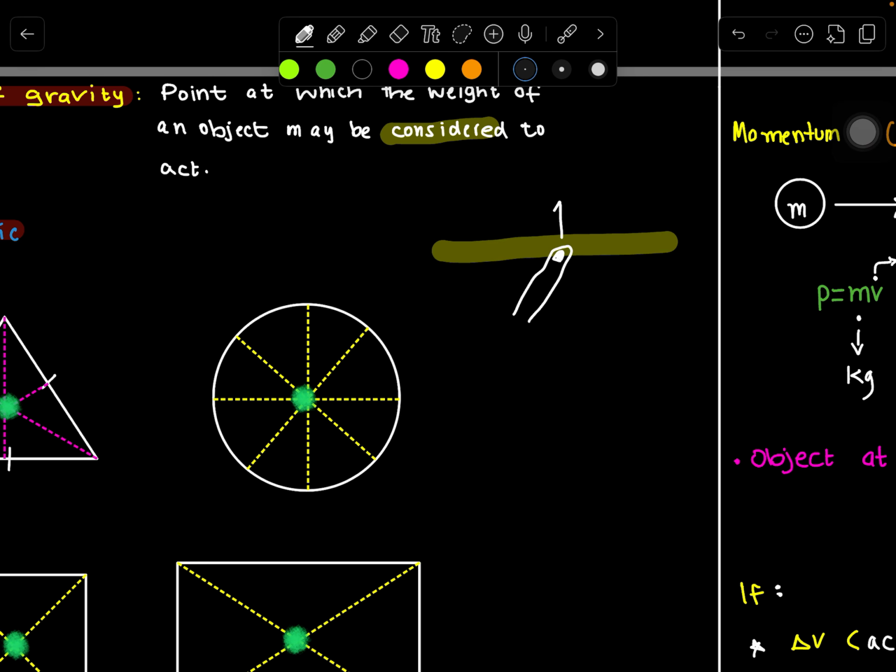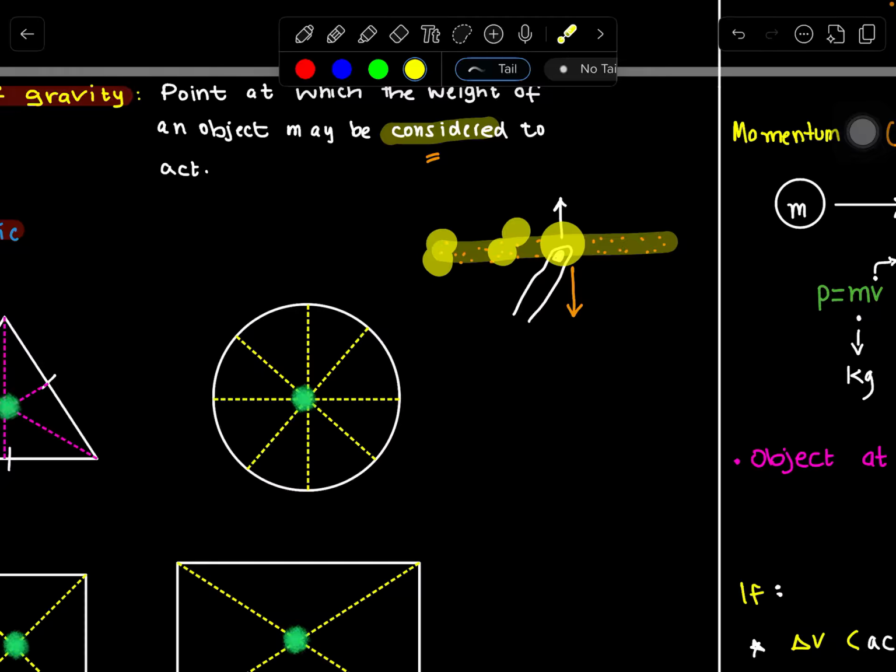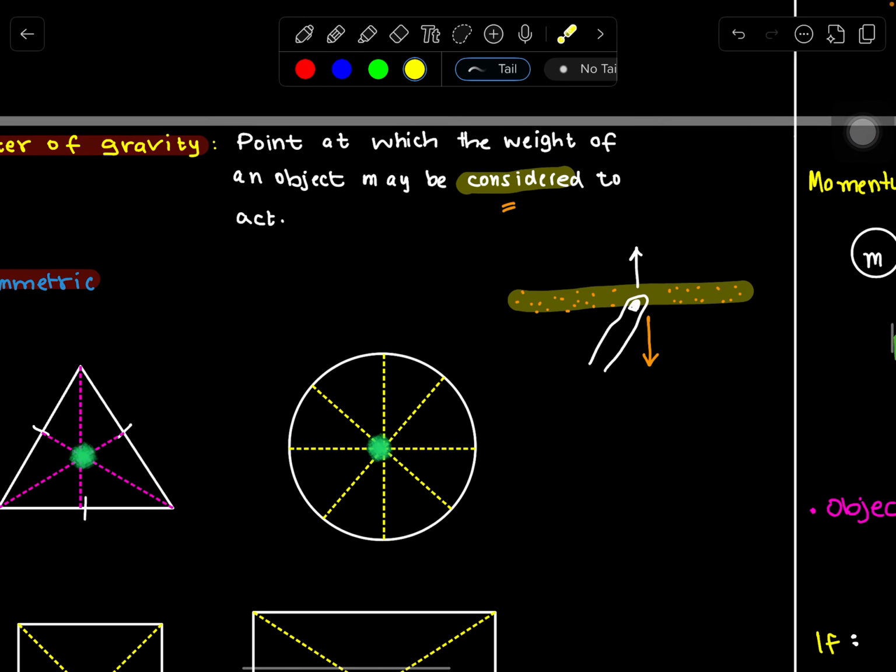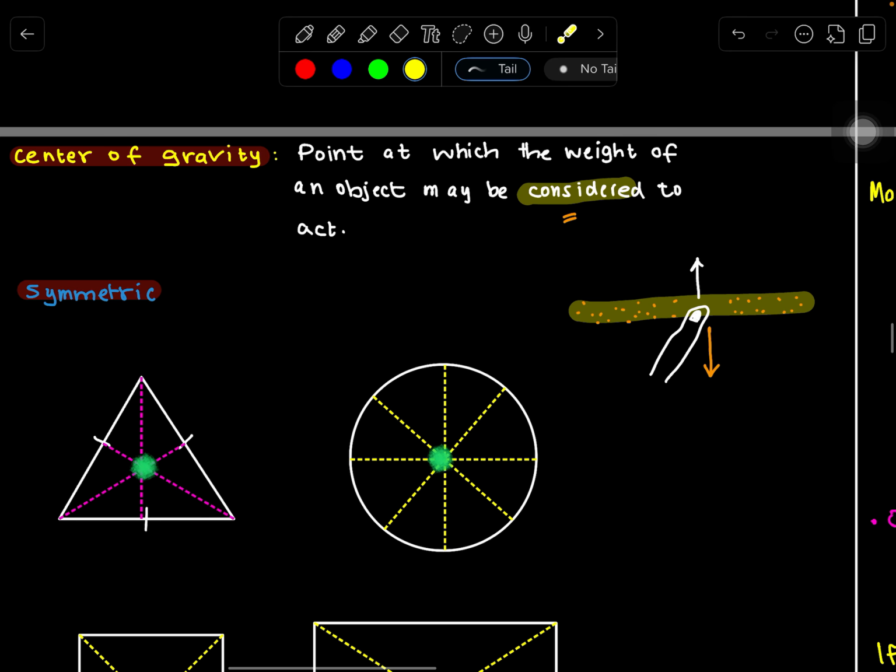So your hand is providing an upwards force, and it can be balanced only if the downward force is balanced by the upward force. So the mass or the weight of the ruler is distributed throughout the length of the ruler, but you place your hand only at one point. So we can consider the whole mass of the ruler to be acting at one point. And that point is called the center of mass or center of gravity of the object.